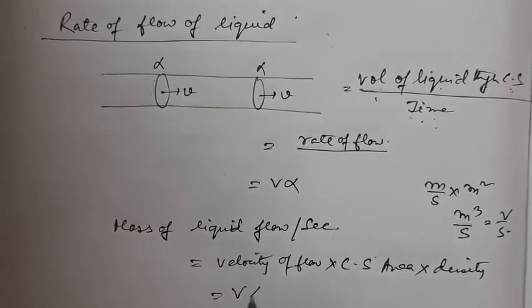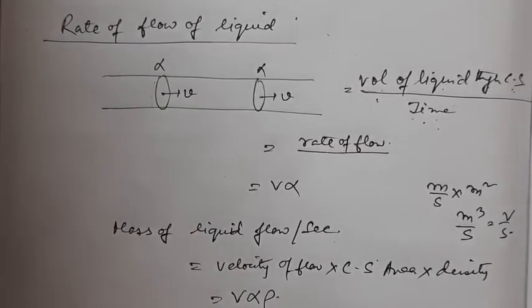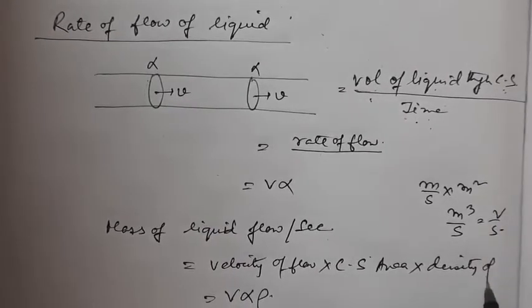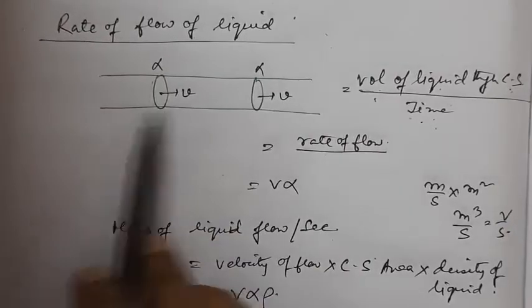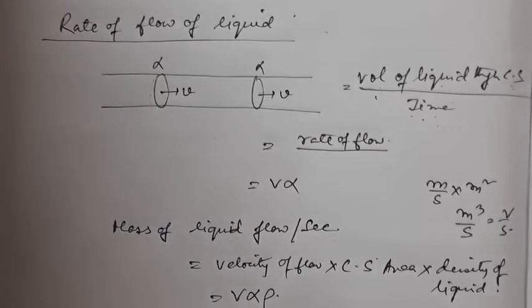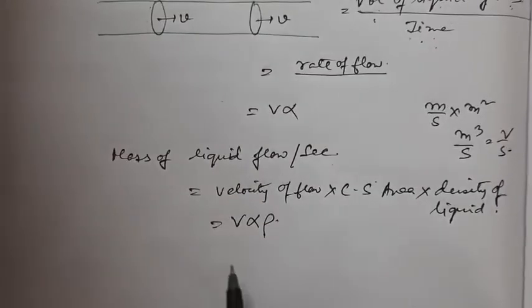So you can write V alpha rho, where rho is the density of the liquid. You can straightforwardly write the density of the liquid or the fluid that is flowing through it, so it will be V alpha rho.